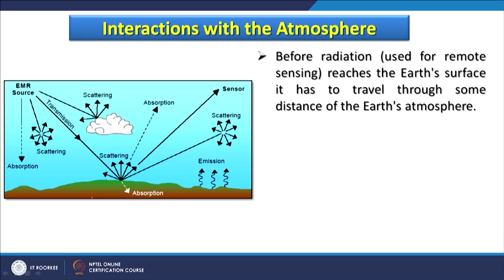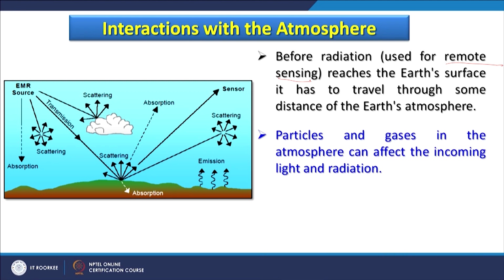So in short, it is this figure in a simplified form. Before radiation, especially what we are talking about for remote sensing, reaches towards the earth, it has to travel through some distance of the earth's atmosphere, and the particles and gases present in the atmosphere can affect incoming light and radiation.